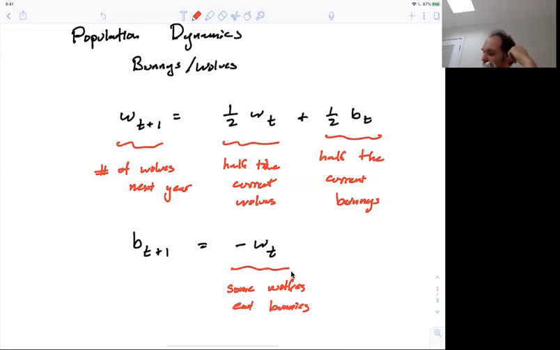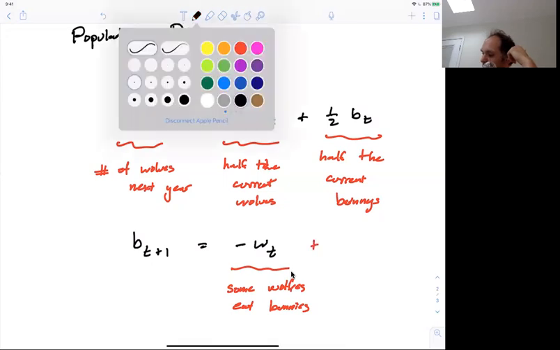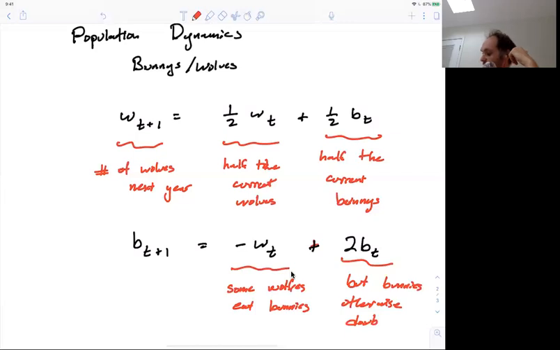But the number of bunnies is going to multiply very quickly. Just like the old adage goes, bunnies multiply. So this is the number of bunnies next year.